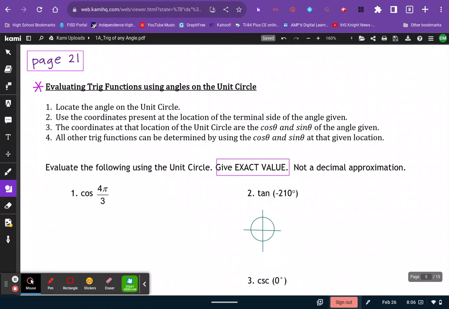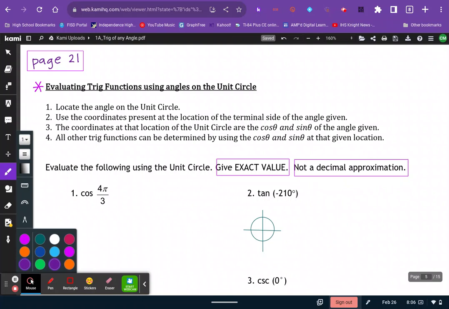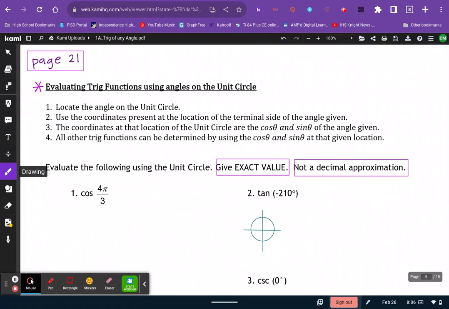That means it's sometimes going to be in a radical, in a square root. We are not going to give any decimal approximations. Answers with decimals will not receive any credit. We only want exact values, no decimals whatsoever.